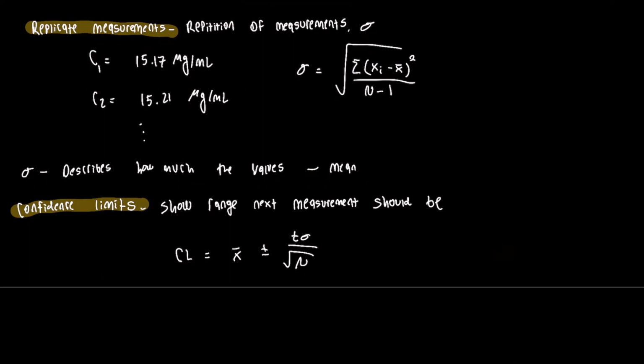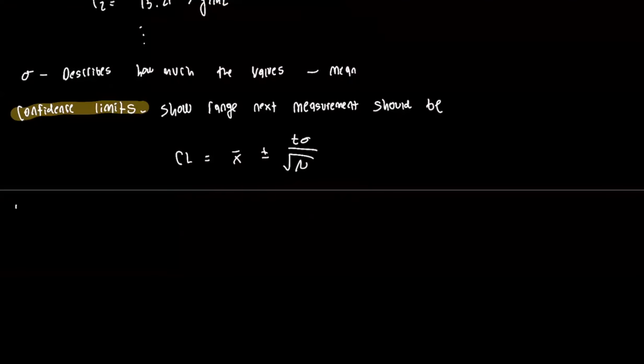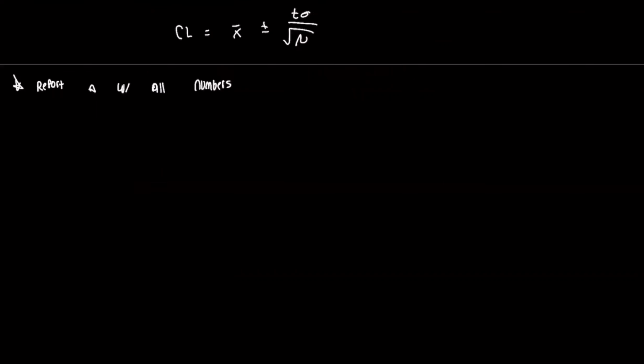So just keep that in mind when you're doing these kinds of calculations. And also keep in mind, you need to report uncertainty with all numbers, because all numbers in a lab are uncertain. Okay, cool. Next, let's talk about some buffers.